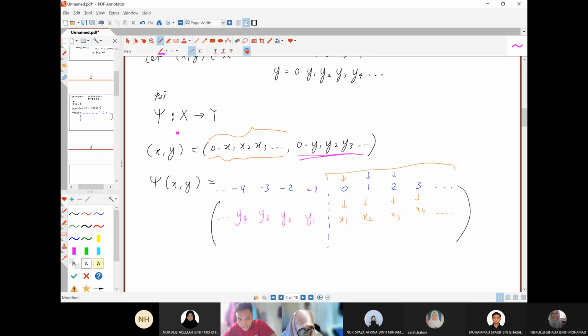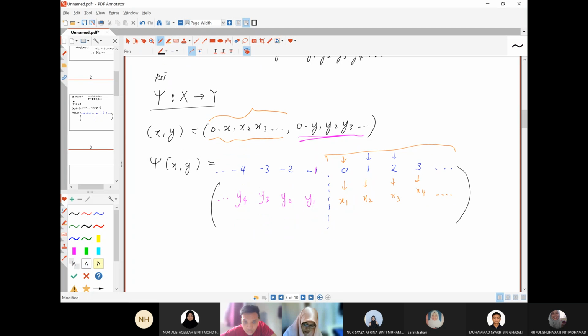Okay, alright. So that means we have generated its one-to-one correspondence for this map. So this is a one-to-one correspondence.